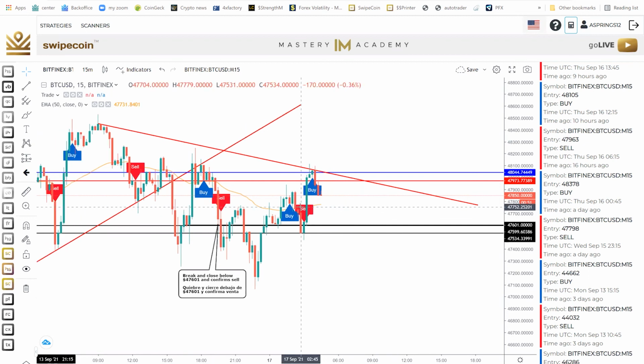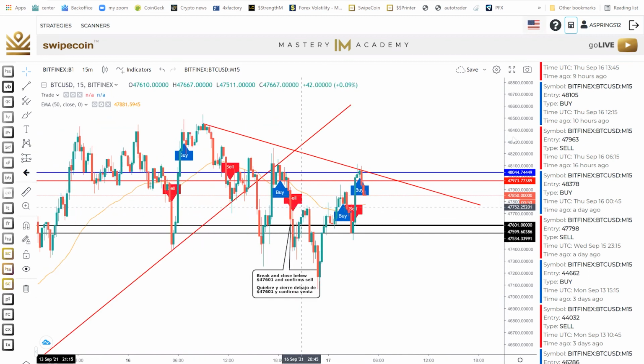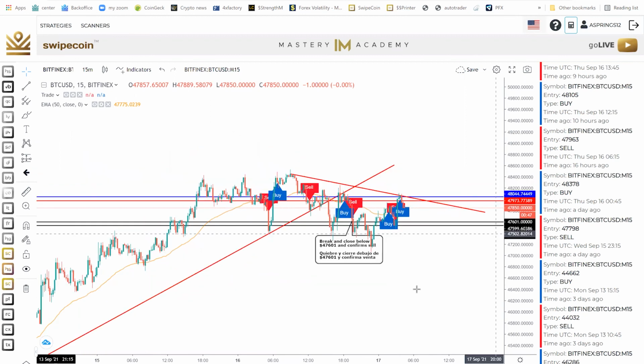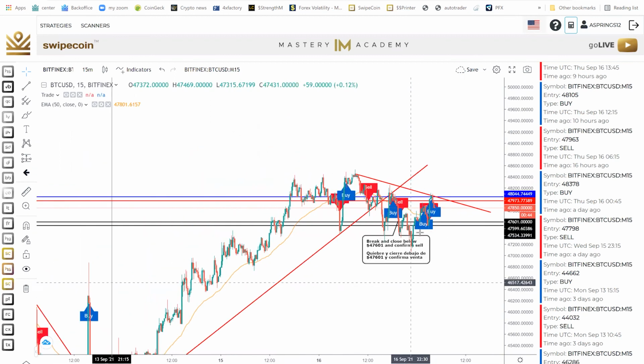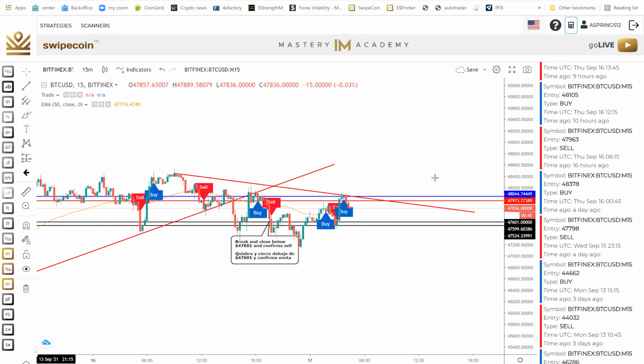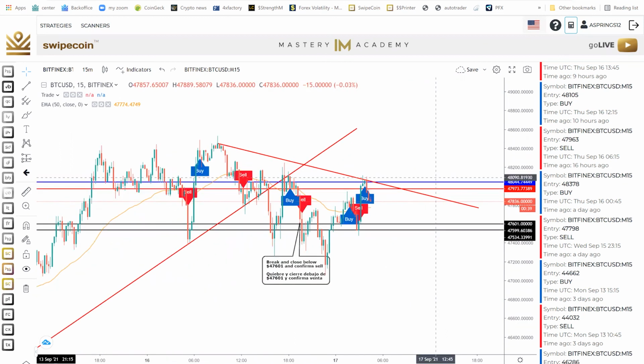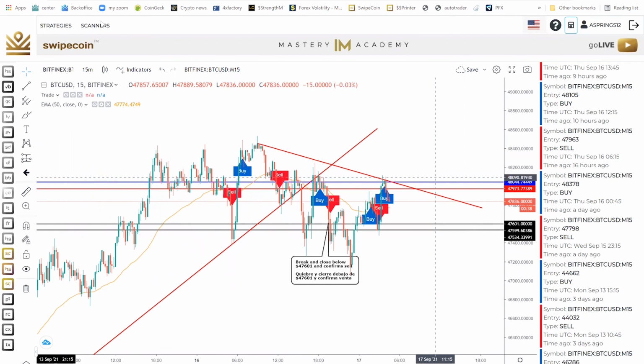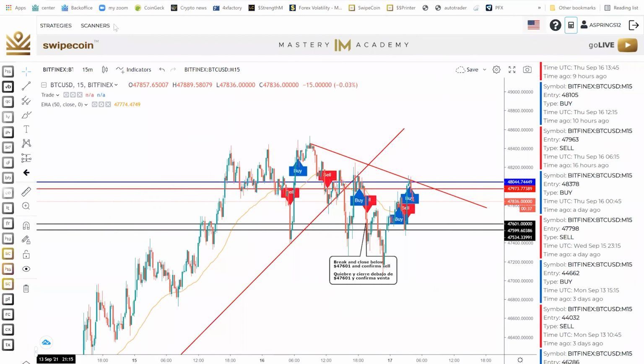But ultimately, this tool is for scalping, but you see how we can use it for swing trading also. And we can also use this tool as confluence if we are looking to swing trade to find better entries.